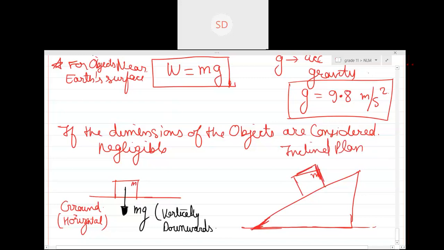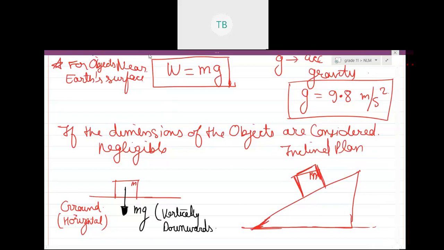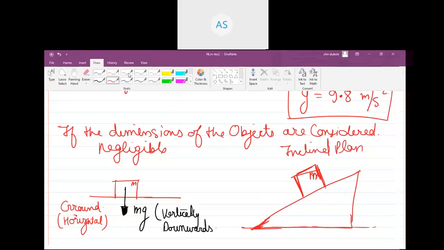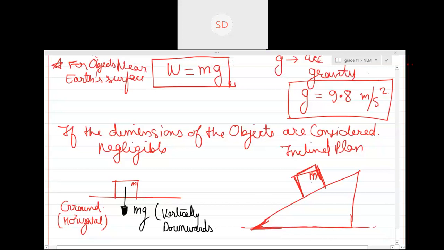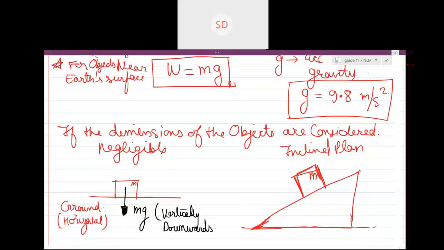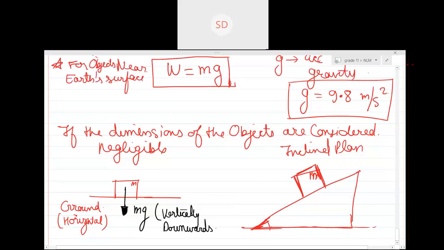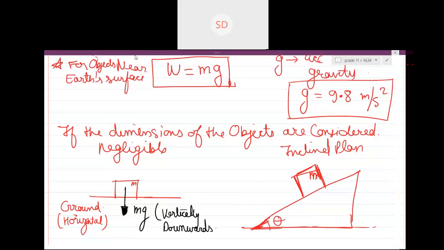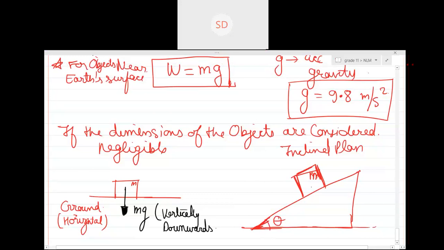Can anyone tell me what will be the direction of mg now? Will it still be down? What will be the direction of mg now? If suppose this inclined plane is at an angle theta, then what is the direction of mg now? Will mg be like this?